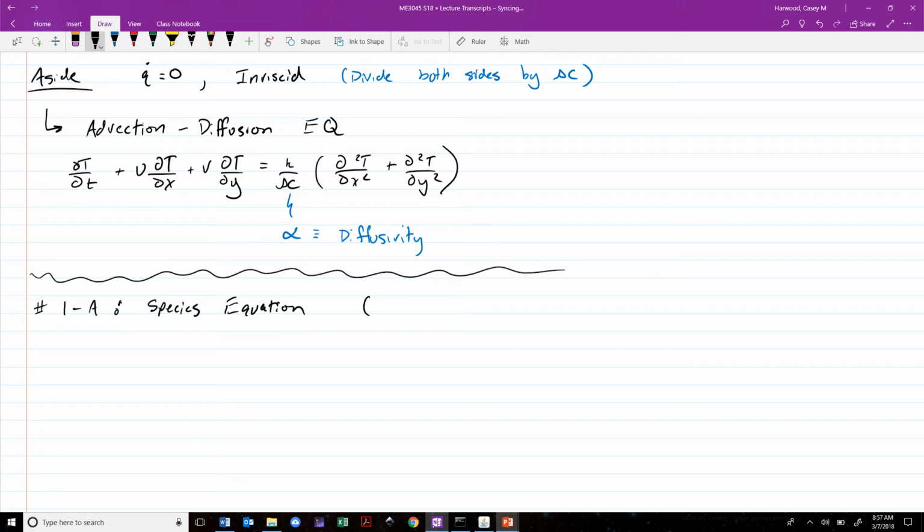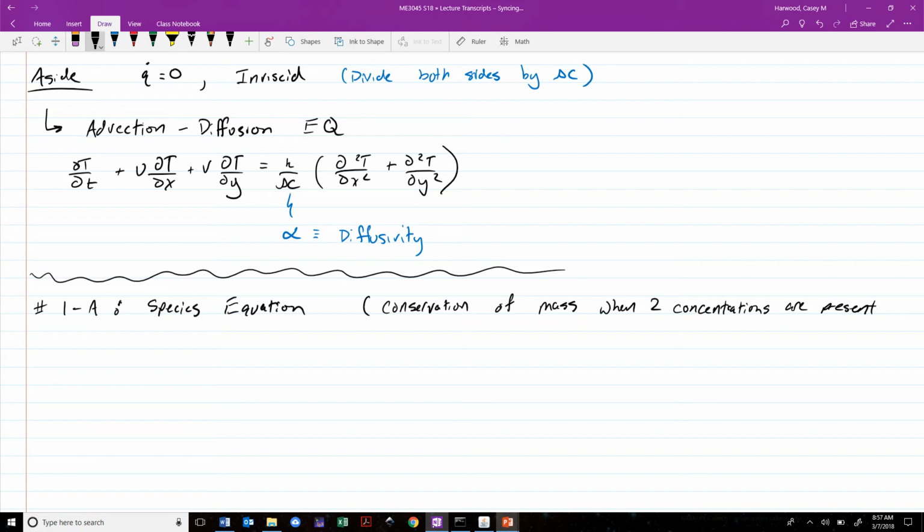This has to do with conservation of mass when two fluids or two concentrations are present.